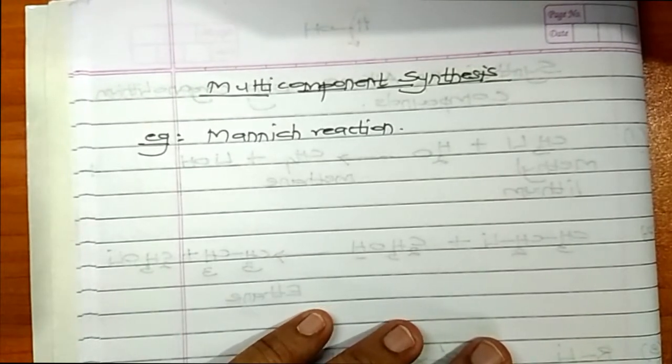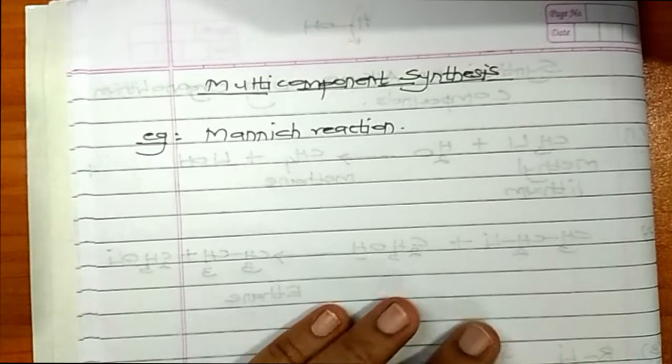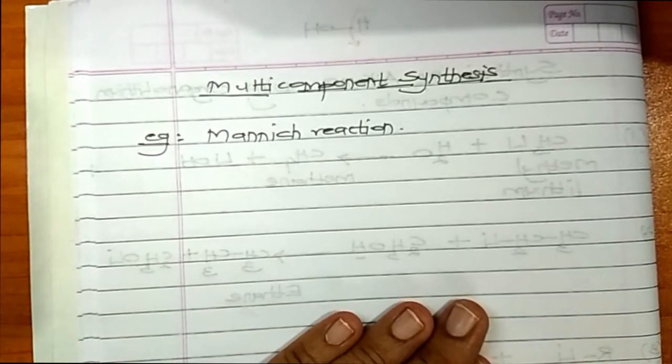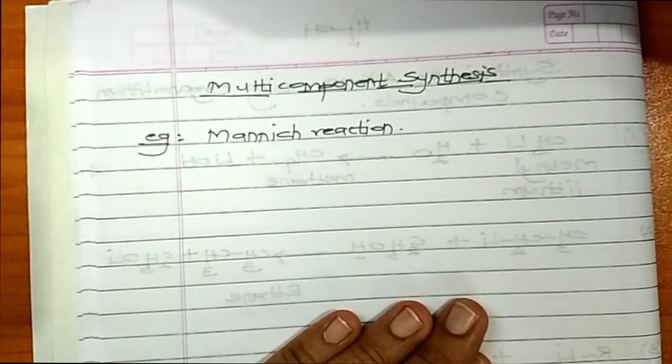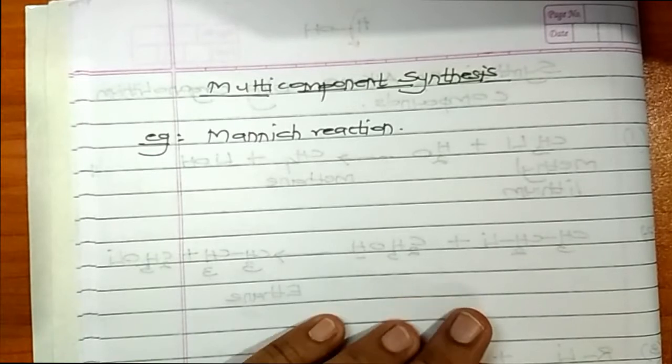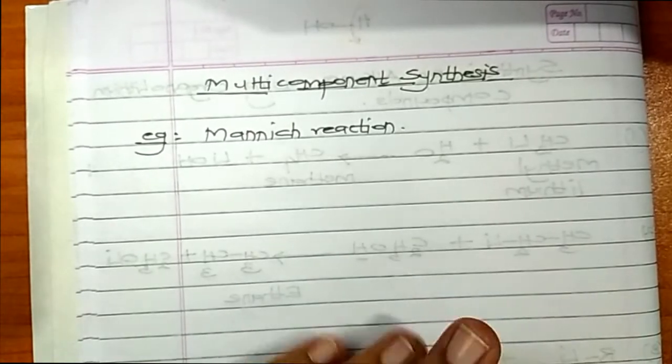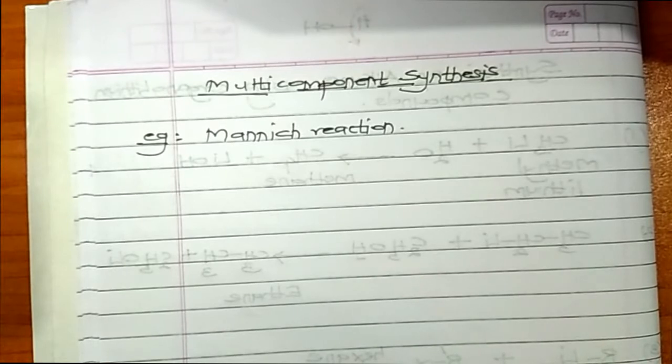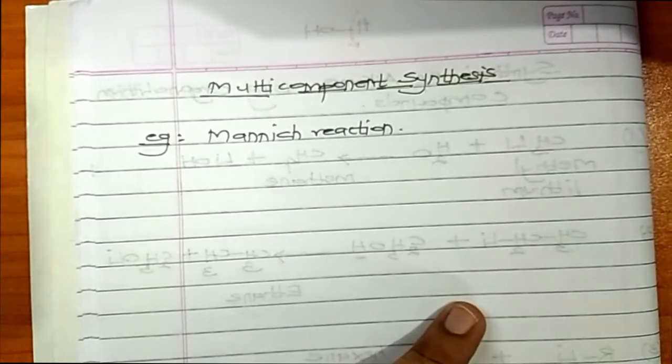I require a compound containing one or more active hydrogens, in short, a reactive methylene compound. Second requirement is formaldehyde. My third requirement will be ammonia. If I don't have ammonia, then you can use a primary amine. If you don't have a primary amine, then a secondary amine. And what will be my product? The product which I get is a beta amino compound.